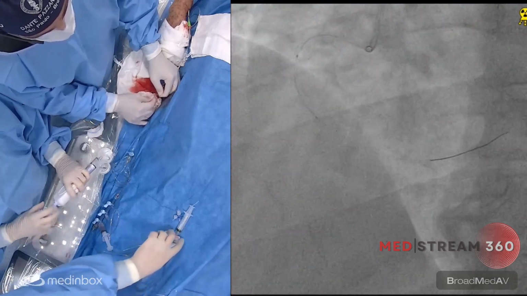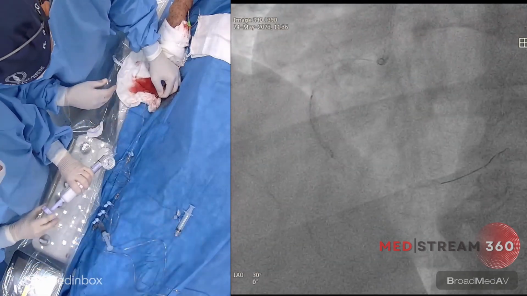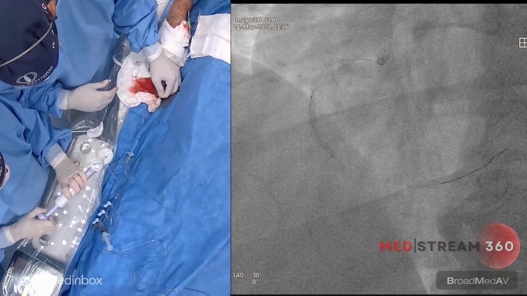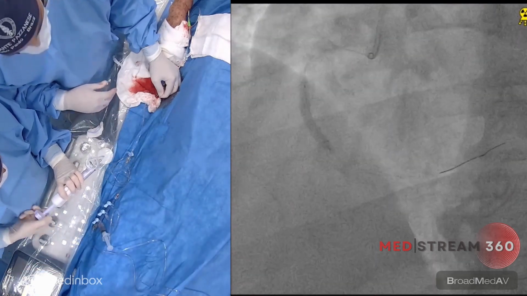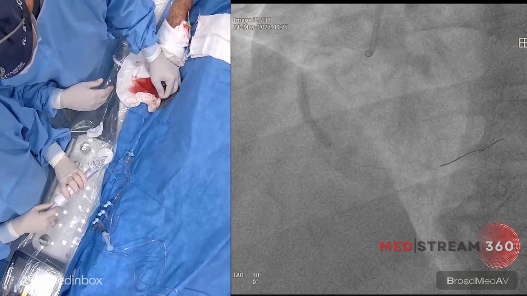If you have these 3 predictors all together, then you're more likely to have difficulties on achieving a good result in terms of optimal stent implantation and expansion.